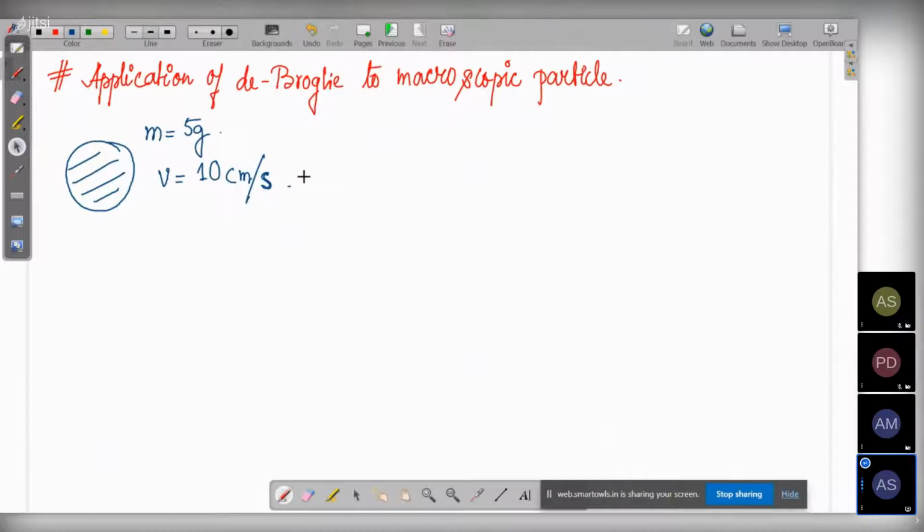Just put the values in the de Broglie equation and get your answer. And h, as we have done in the previous one, is 6.6 into 10 to the power of minus 34 joule second. So do the calculation and tell me what value of de Broglie wavelength you get.